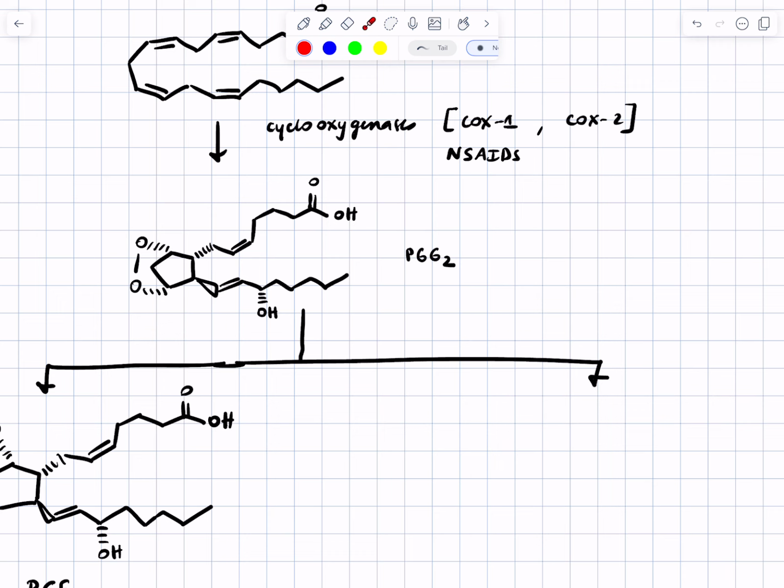And it was thought that these could be better treatments for pain because they sidestepped COX-1. COX-2 inhibitors didn't increase gastric secretions. And so some of these drugs were on the market for quite a while until they were pulled from the market in the mid 2000s because of an associated increased risk with heart attack and stroke.